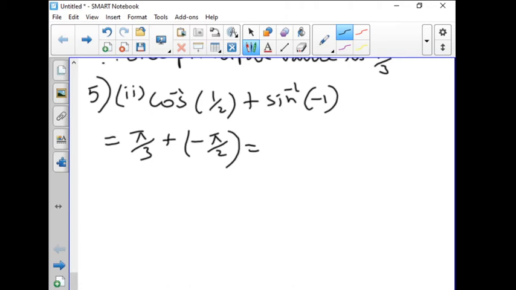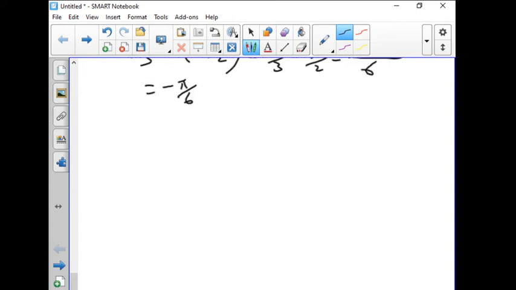Therefore, this is equal to pi by 3 minus pi by 2. Take LCM, 6 is LCM. So, 2 pi minus 3 pi. So, we get it is equal to minus pi by 6. Similarly, you can do the first subdivision and the third subdivision.